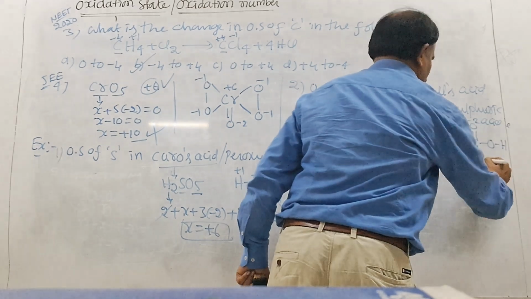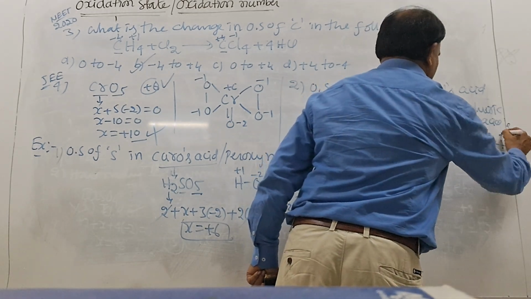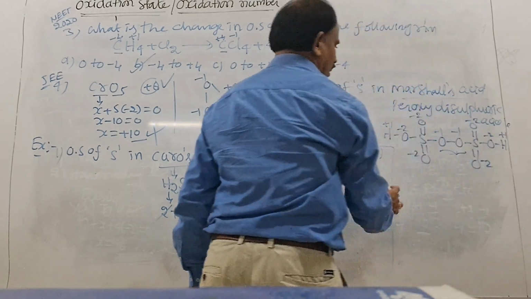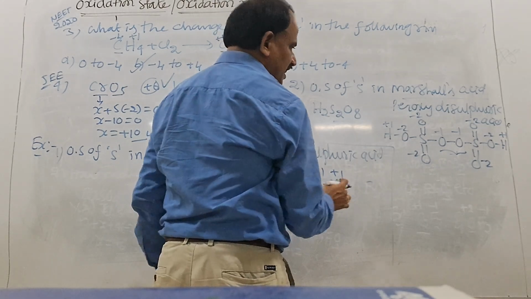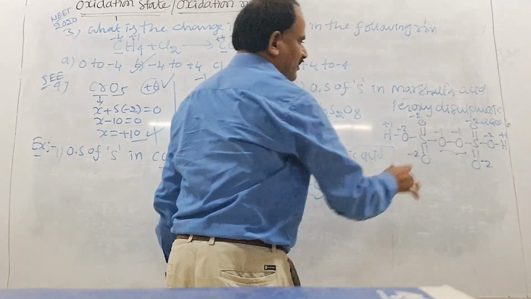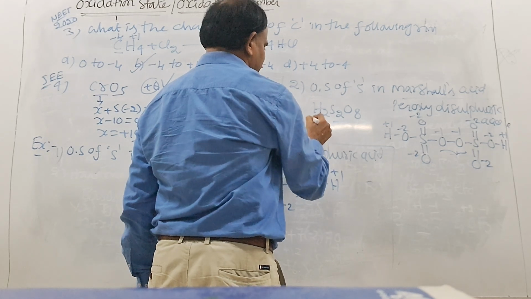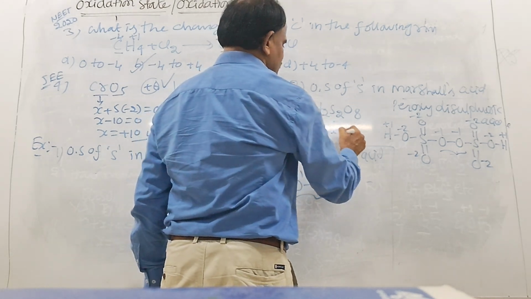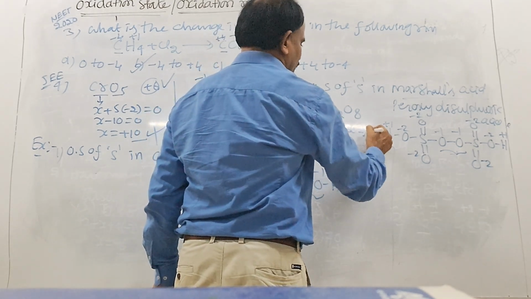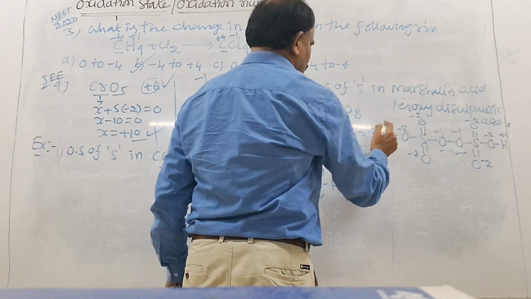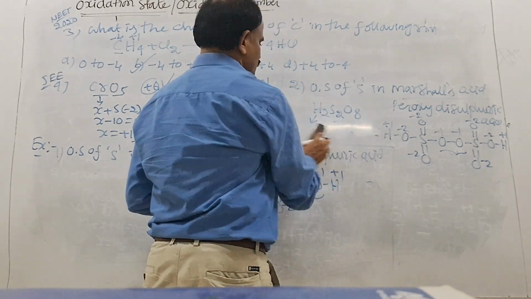You have to count. Hydrogen is +1. See here, out of 8 oxygens, how many are peroxide? 2 are peroxide. The remaining 6 are normal. Then 2 into +1 for hydrogen, plus 2x, plus 6 into -2, plus 2 into -1, equal to 0.